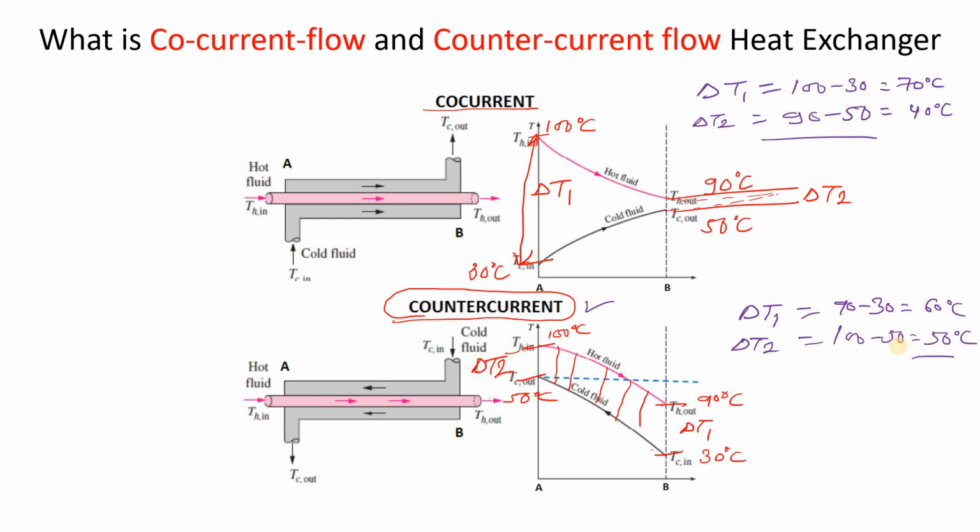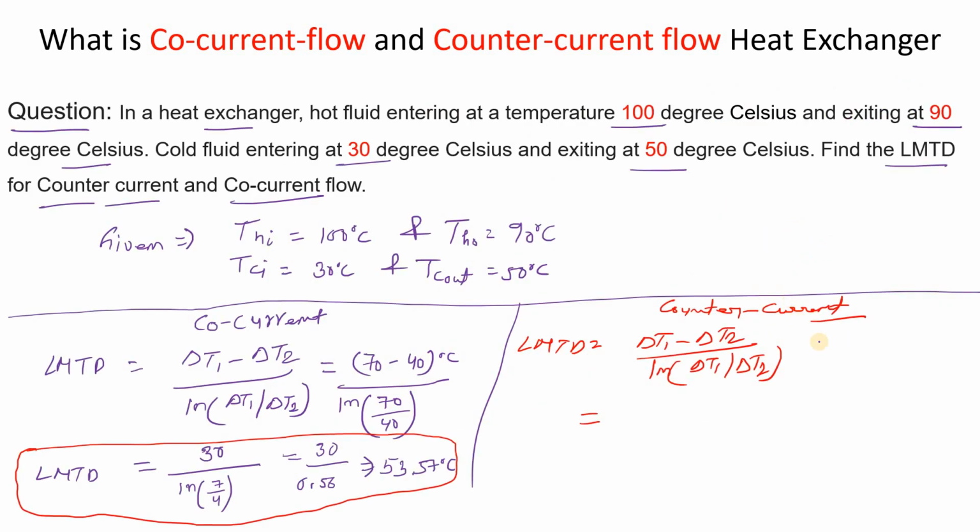That's fine. So 60 and 50. So simply write here 60 minus 50 divided by ln 60 by 50. So 10 divided by ln 60 by 50, or simply you could write 6 by 5.